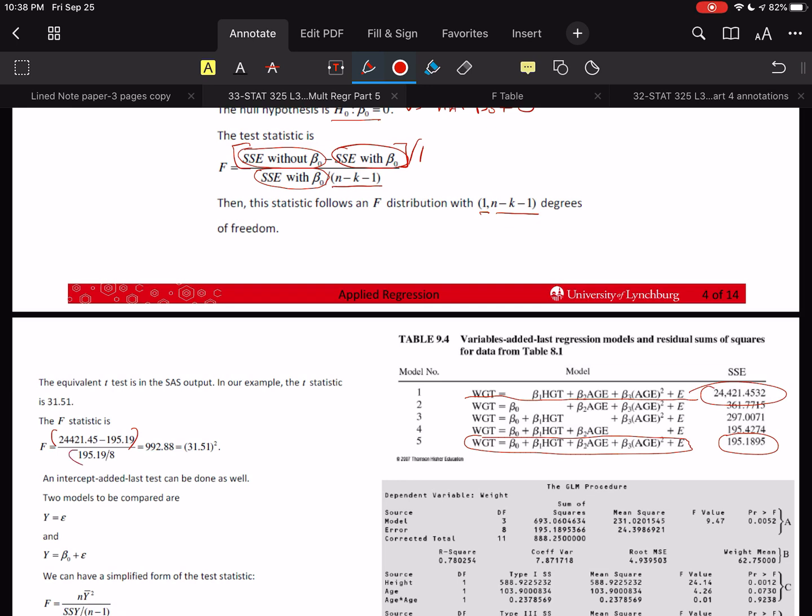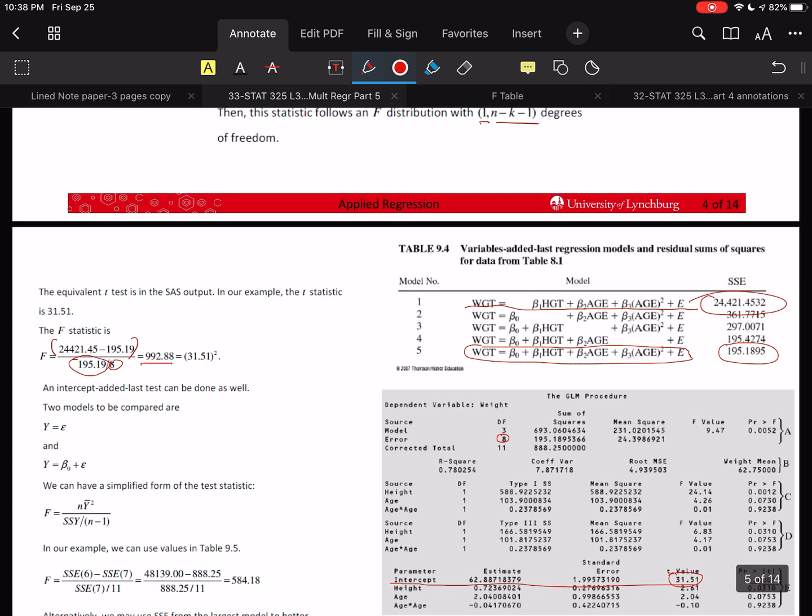And then we divide by its degrees of freedom, which is going to be 8 in this case. We see 8 with the full model. And this gives us 992.88, which is a very huge F value. If we take the square root of that, then we get the 3151, which was our t statistic, the equivalent t statistic.